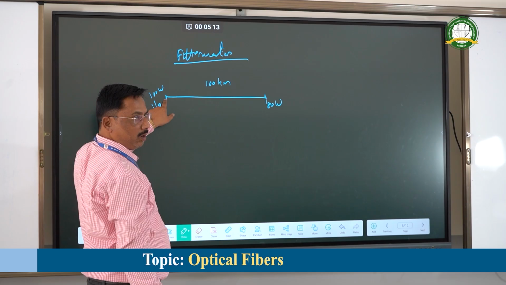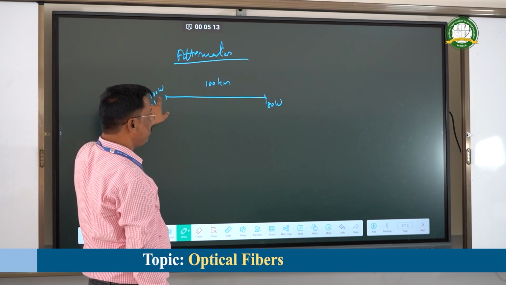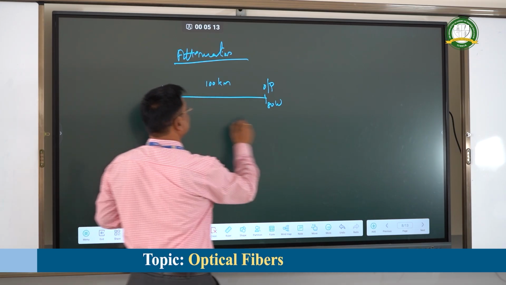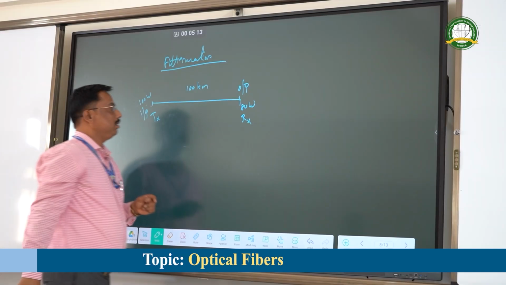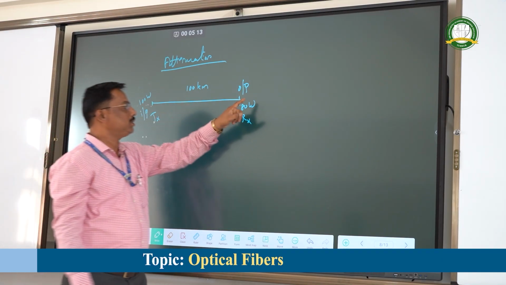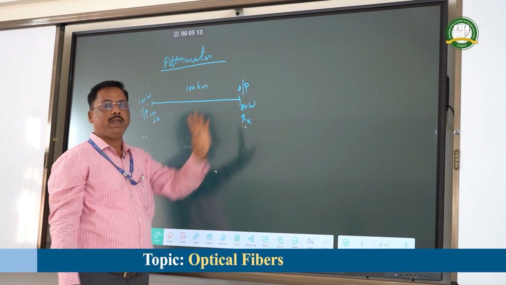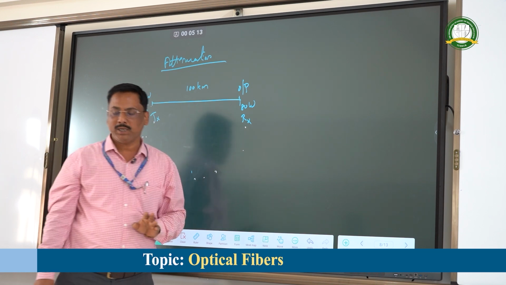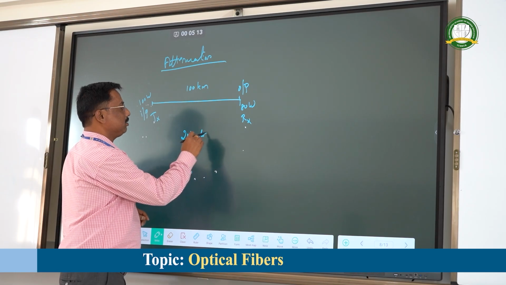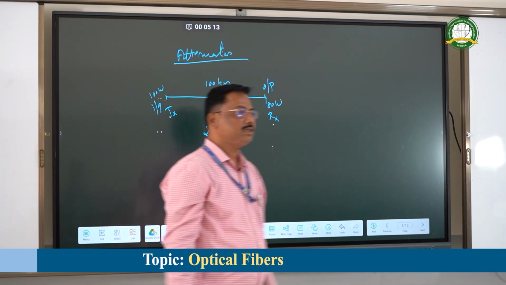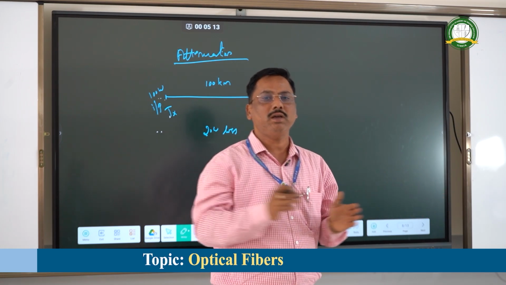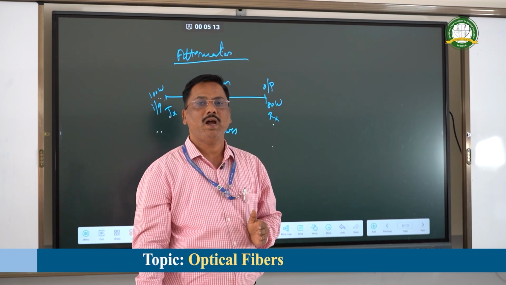At the transmitter side, we inputted 100 watt, but at the receiving side, we have 80 watt. Means around 20 watt loss has taken place. This is called attenuation, the loss of signal as it propagates along the optical fiber.